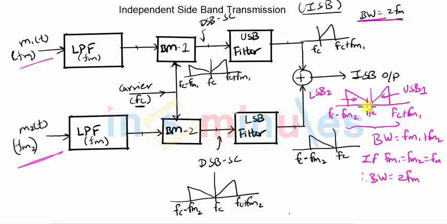So in many applications where we want to use only one carrier signal, but we want to transmit different information signals which are independent of each other, but there might be some kind of relevance between them, that totally depends upon the application. In such cases, we may use independent sideband transmission.